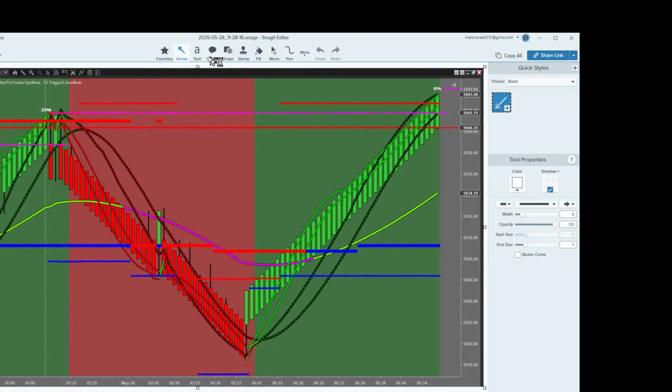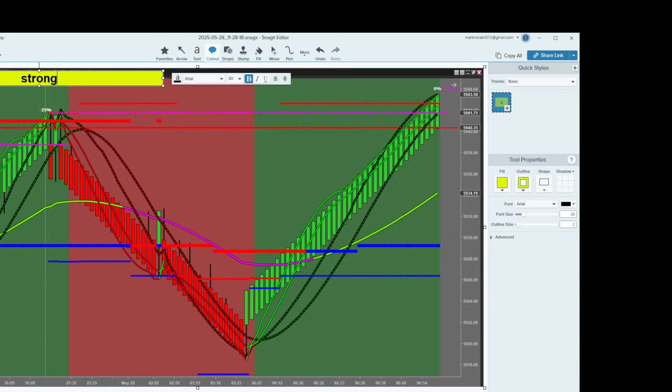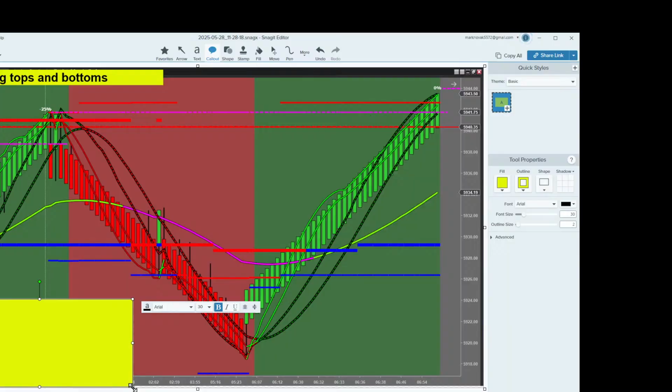All right, guys, we're going to define here. Let's do this. Strong top or bottom lesson. So let's define it first. A strong top or bottom is a no triggers through termination condition that reverses the market.